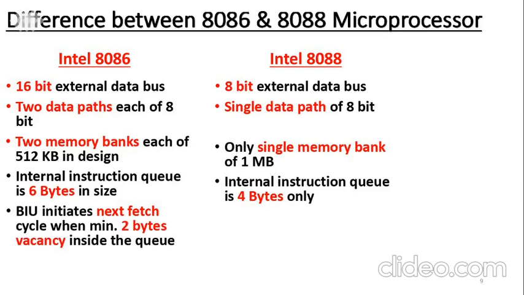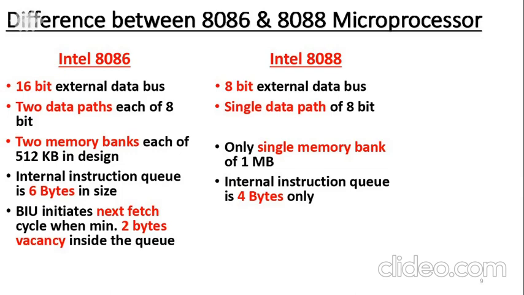Then next is about fetching of the next instruction bytes. In case of 8086 processor, that BIU section will start the next fetch cycle whenever there is minimum 2 bytes or 2 location vacancy inside that instruction queue.